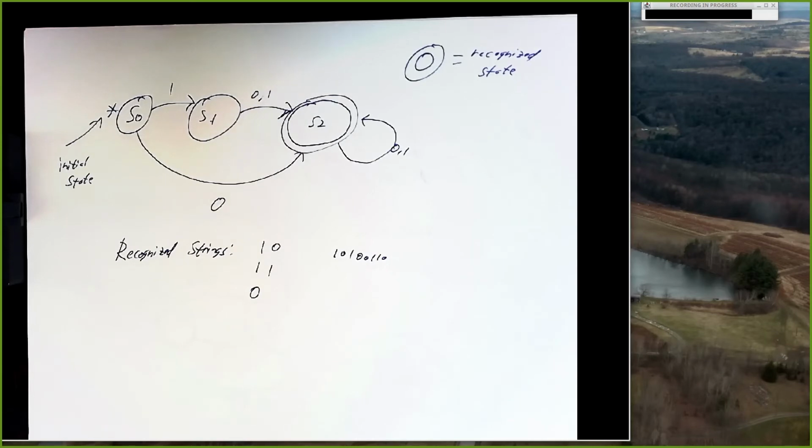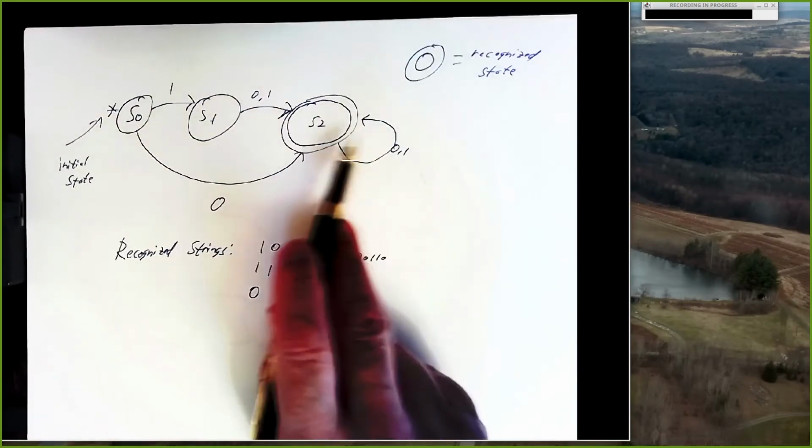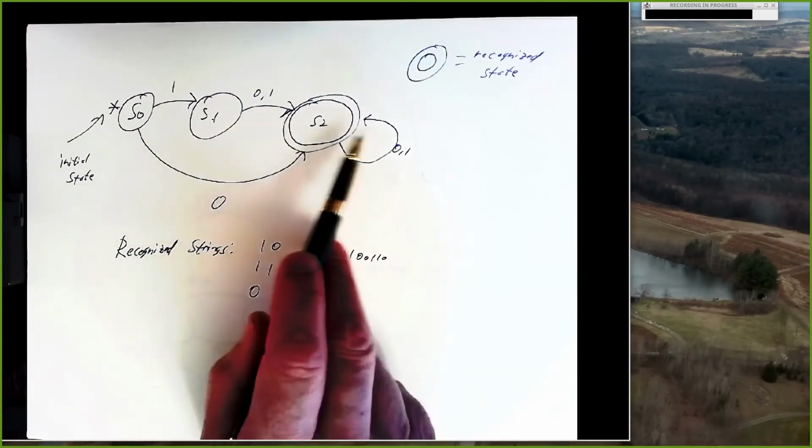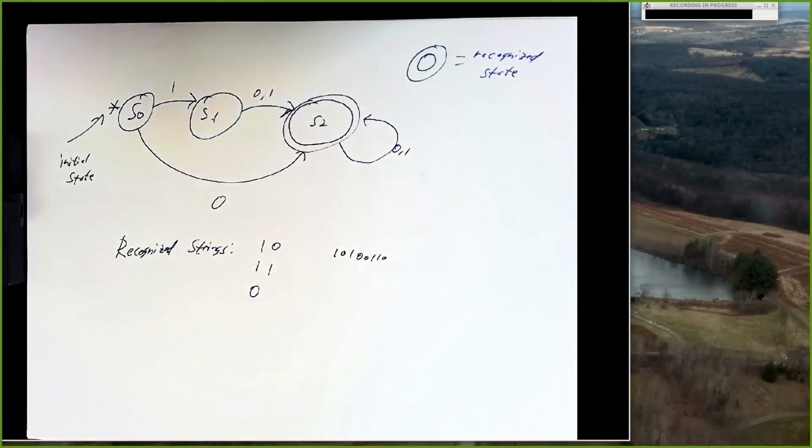And so this is actually a fairly uninteresting machine because it recognizes pretty much every string of ones and zeros, except for a string consisting of just a single one. But a 0 followed by any pattern of zeros and ones, or a 1 followed by any pattern of zeros or ones would be recognized.